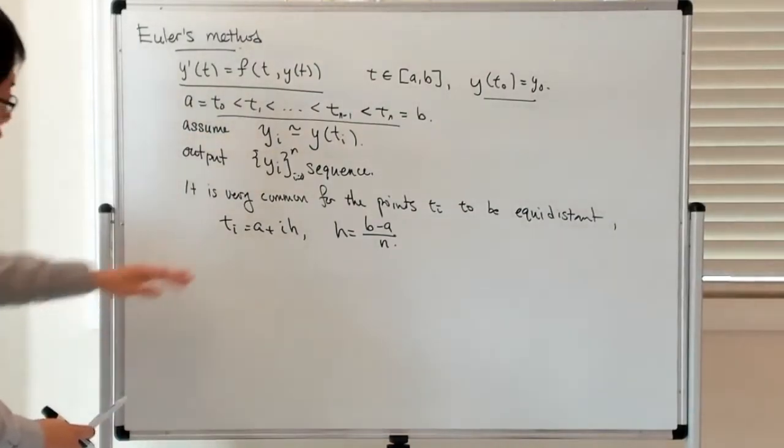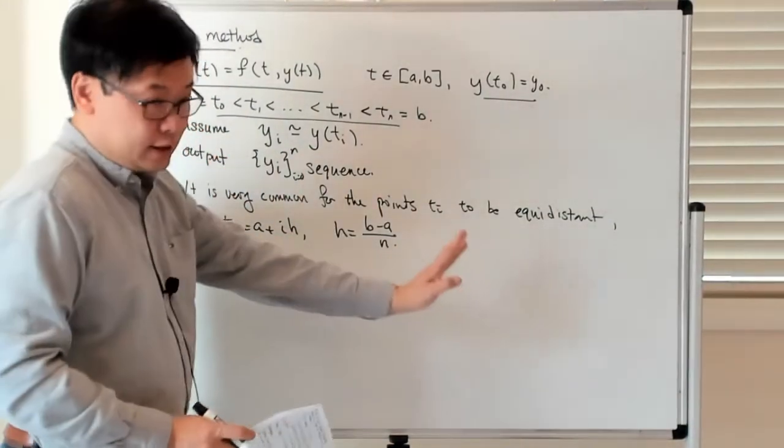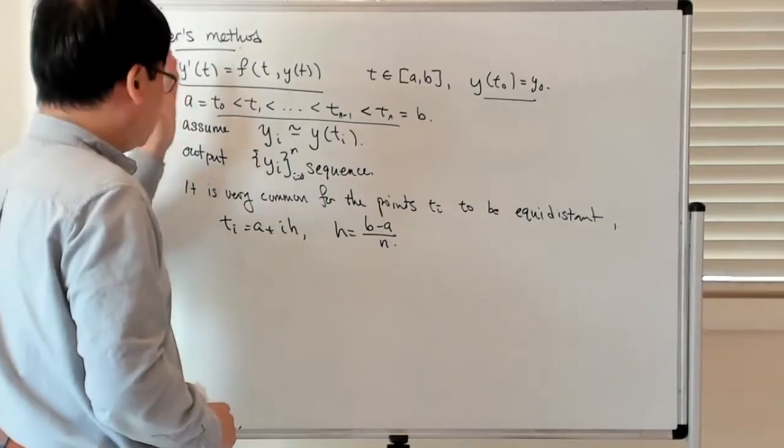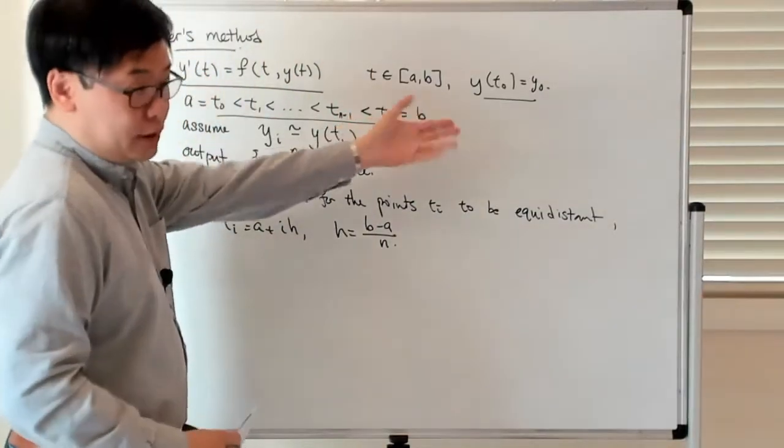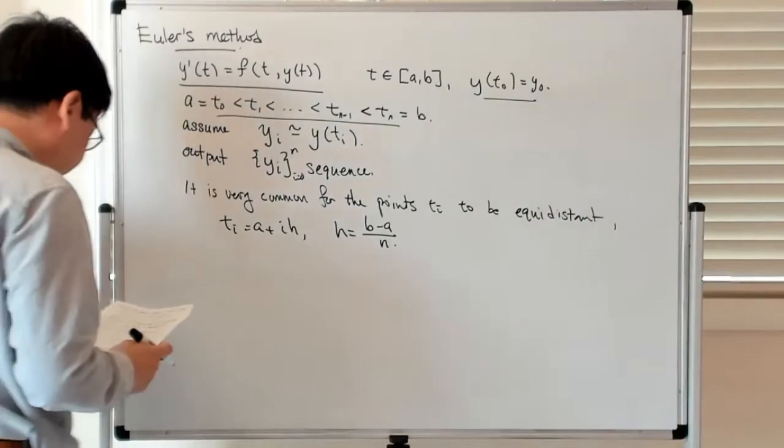And it's easy to convince yourself that if you had this, the ti's would be equidistant, and t0 would be a, and tn would be b, right? Okay, which is sort of what you want.